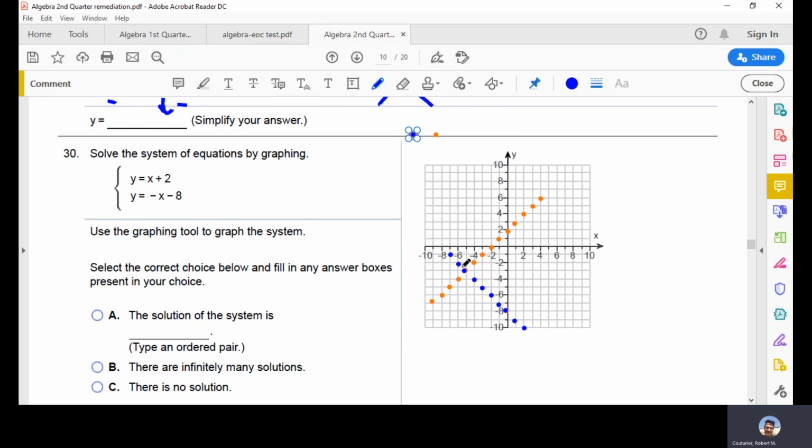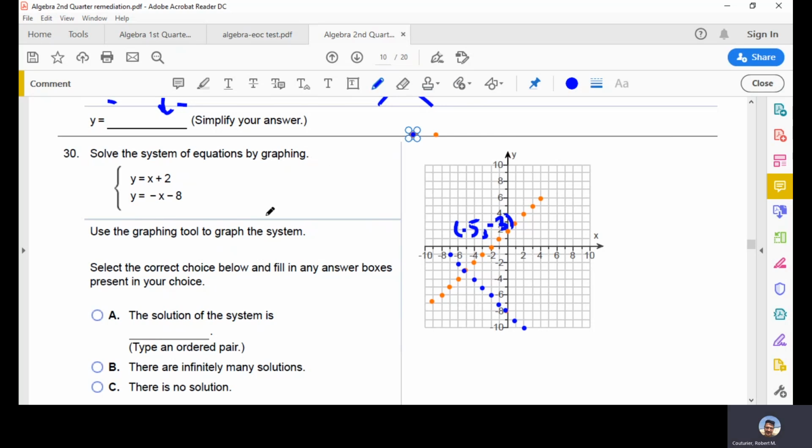So we are intersecting right here at the point to the left 5, negative 5, and then we went down 3, negative 5 comma negative 3. We just solved this system of equations by graphing it.